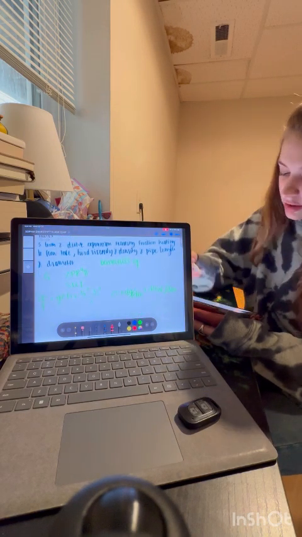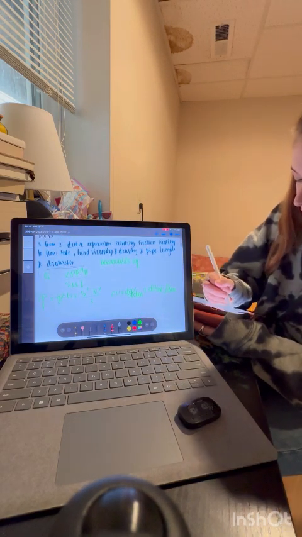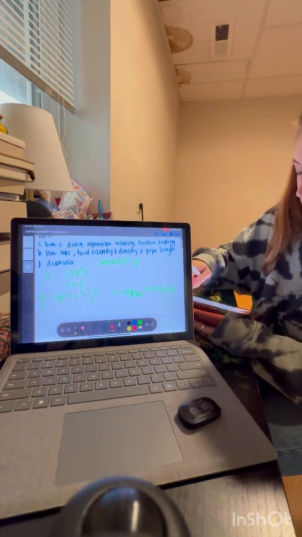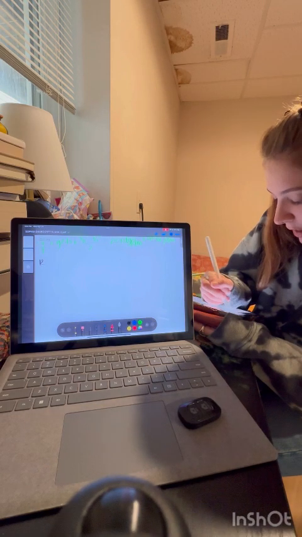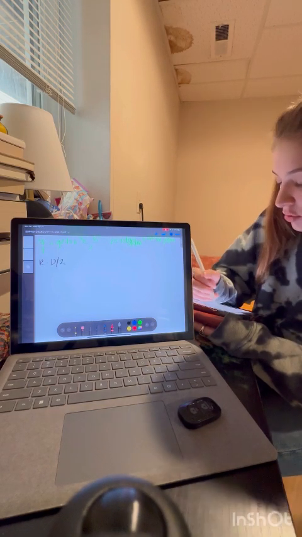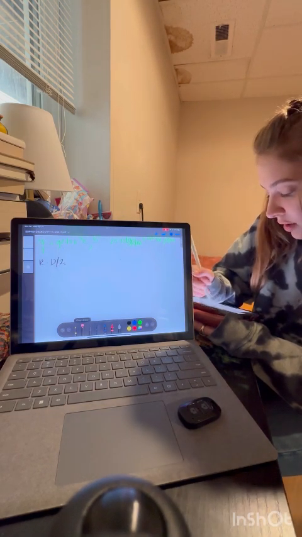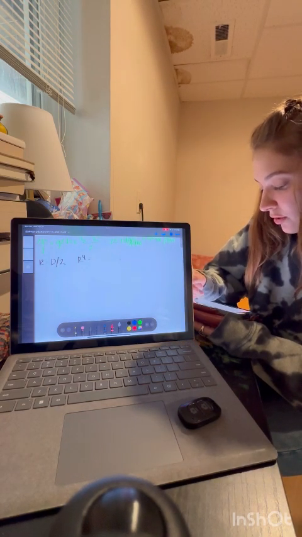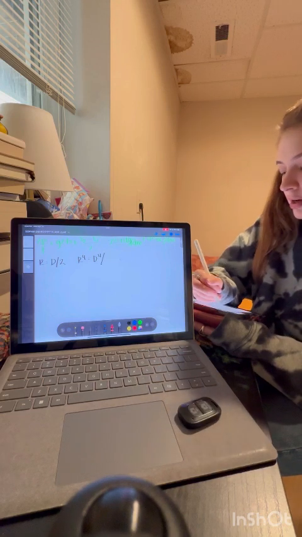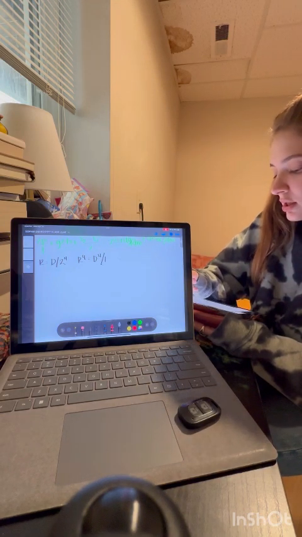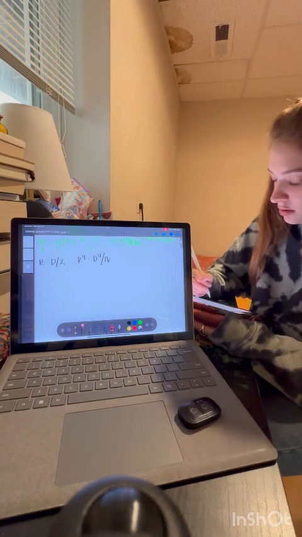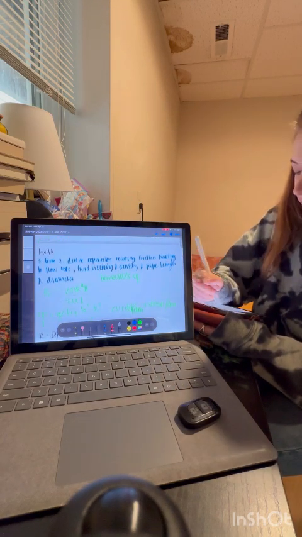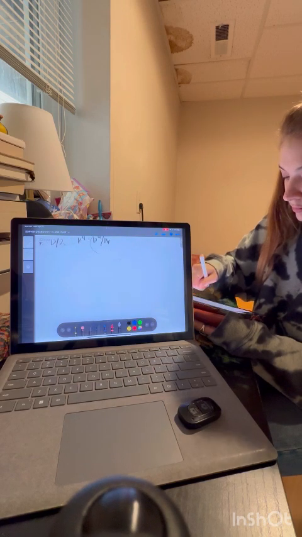Because we want this in terms of diameter, I'm going to go ahead and substitute out our radius. We know that our radius is just our diameter divided by 2. So if we do it to the fourth power, 2 to the fourth is equal to 16. We're going to substitute that in here.